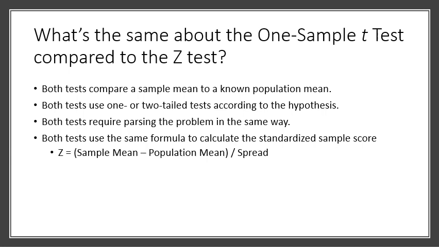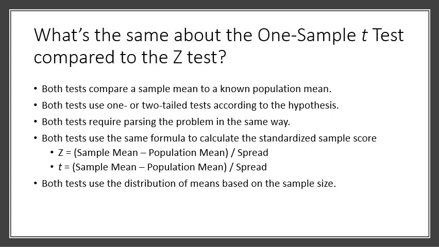And you can see what that is. In the z-test, it's sample mean minus population mean divided by spread. And the same is true in the t-test. Both tests use the distribution of means based on sample size. So we're still going to be going through that formula to calculate the distribution of means. And both tests look up cutoff points. So you'll be familiar with all those things.